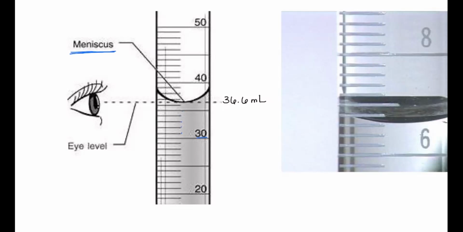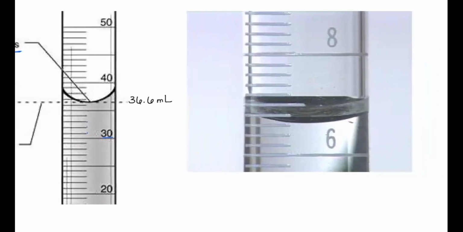So to solidify this concept, I have another image of a volume glassware. And you can see here that we have a substance that has a meniscus, okay? Now I want you guys to pay close attention to the markings in this volume device, okay?